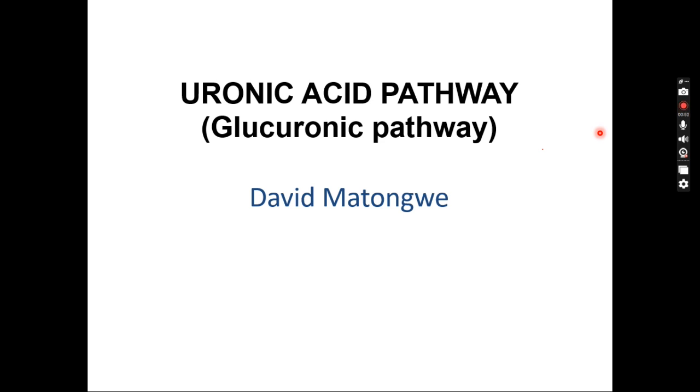This is another branch of the oxidative pathways that comes from the products of glycolysis and other things. We will look at this pathway in detail and see what products are produced in this uronic acid pathway.